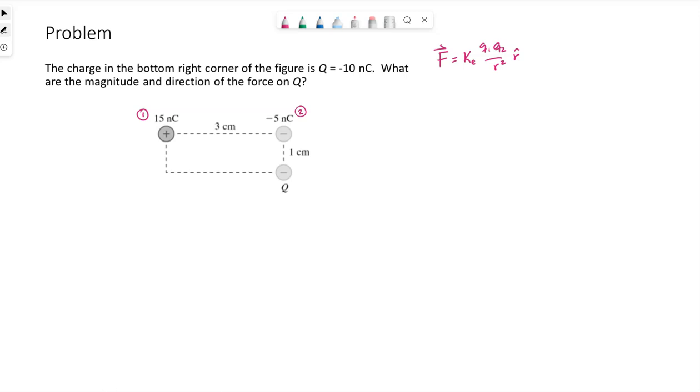All right, so F1, let's see if I can draw a fairly straight line here. Charge 1, my 15 nanocoulomb charge up in the top left corner, that one's positive while this Q is negative. So these charges are going to attract.